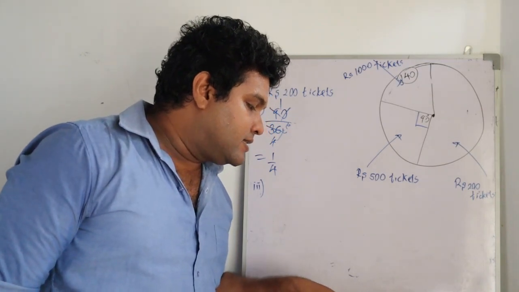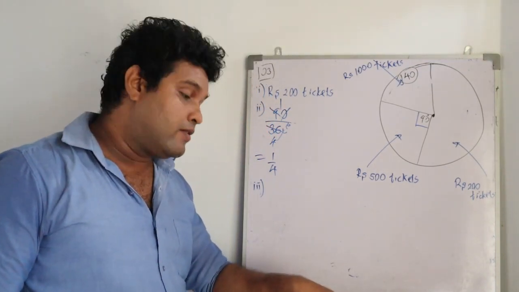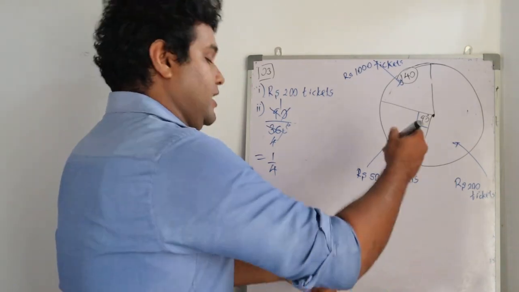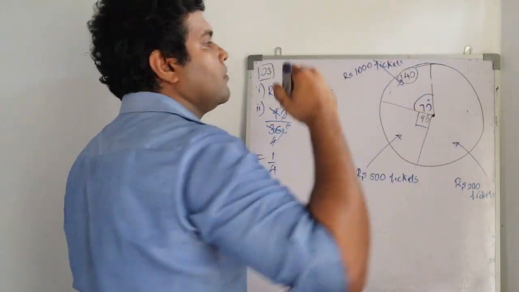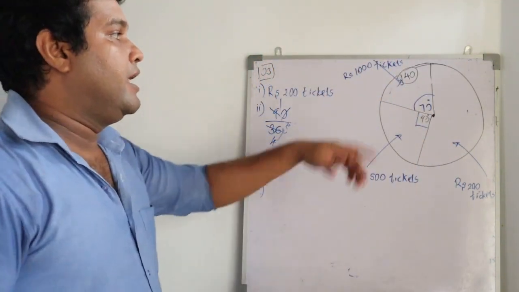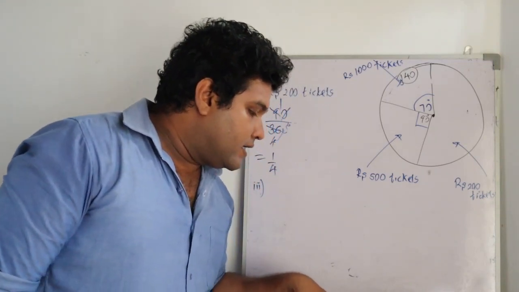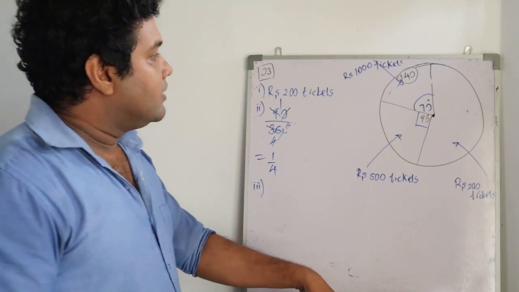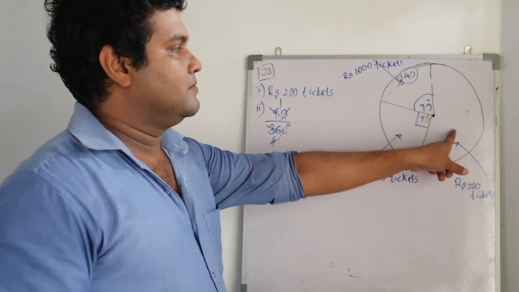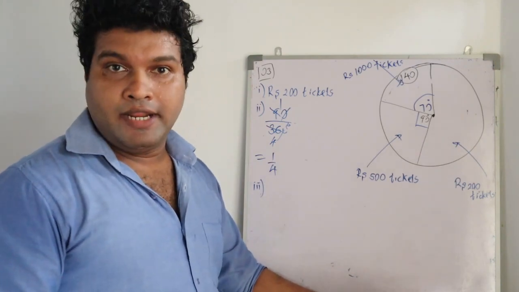If the angle at the center of the sector that denotes the number of 1000 tickets that was sold is 70. They have given the data, the linking angle, right? Find the number of 200 tickets that was sold. The number of 200 tickets, right? We had to find the number of 200 tickets.